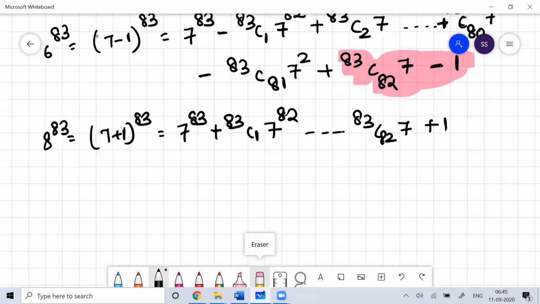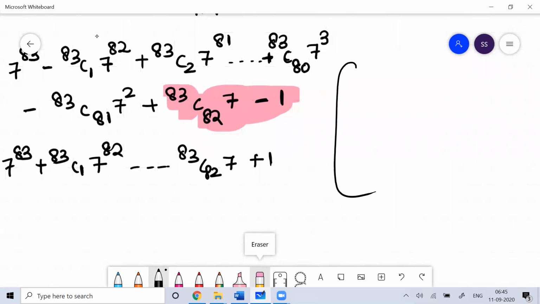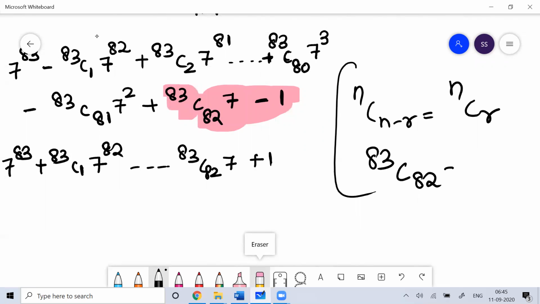Ultimately, what matters is only this, and you know that nCr is nC(n minus r), so 83C82 is 83C1. I believe everyone understands this.